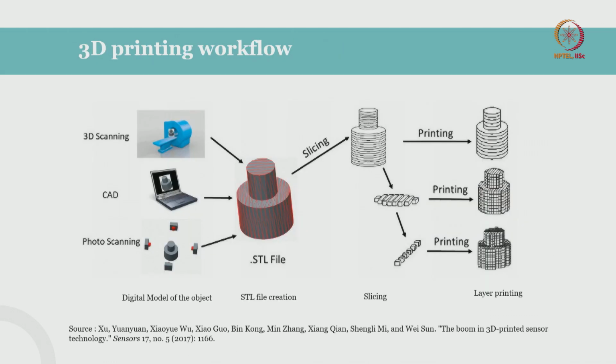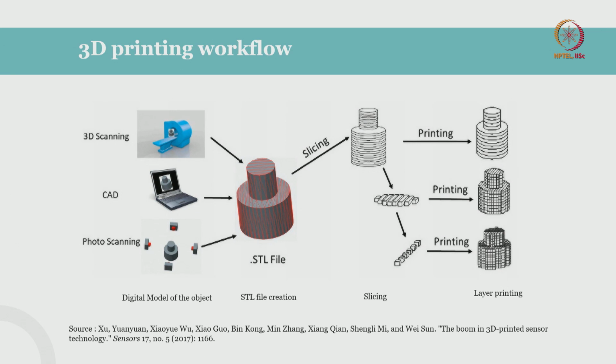Now, the workflow we discussed: we will be having different methods or mechanisms to generate a 3D model. One is of course 3D scanning. If you already have an object with you, then you can just scan it with some of the 3D scanners which are commercially available in the market, and then you can create a 3D model or exact replica of what you are seeing. That's one way.